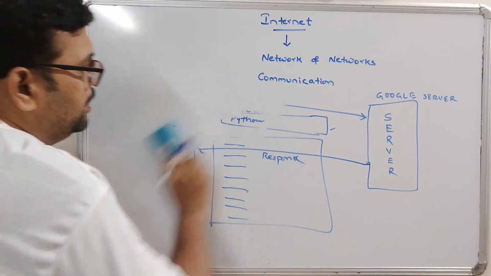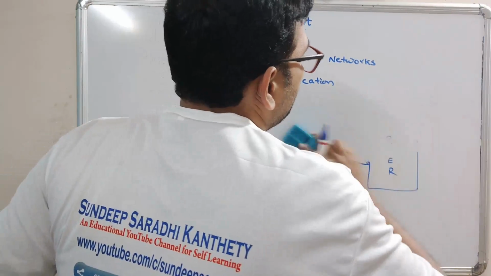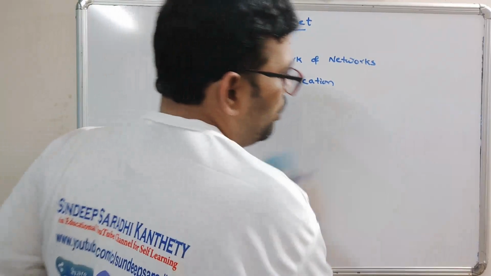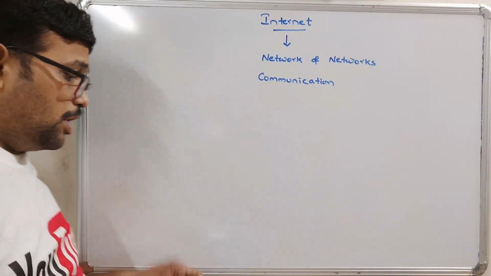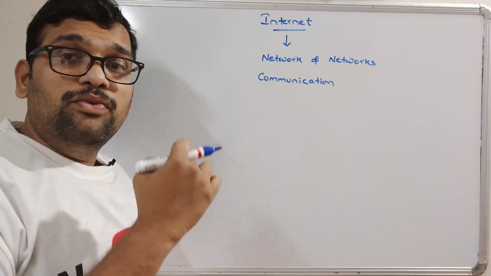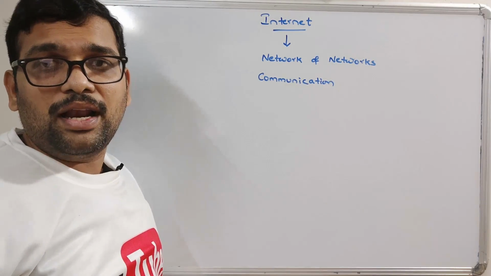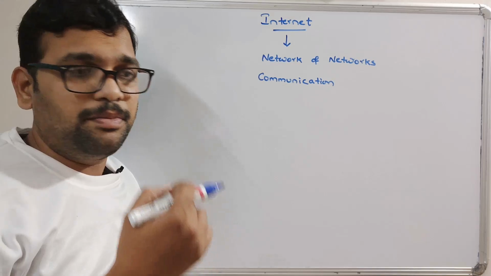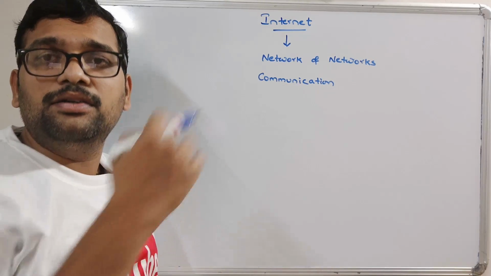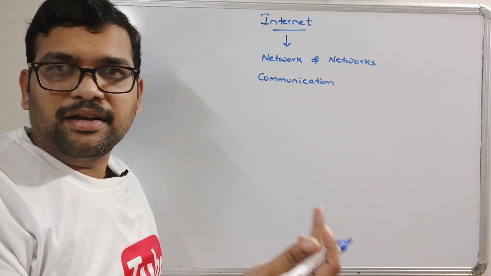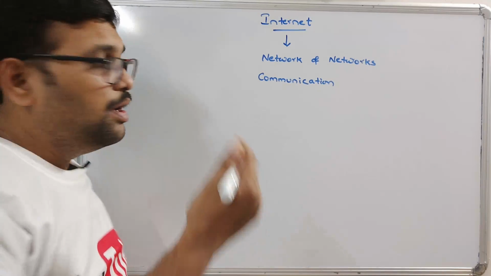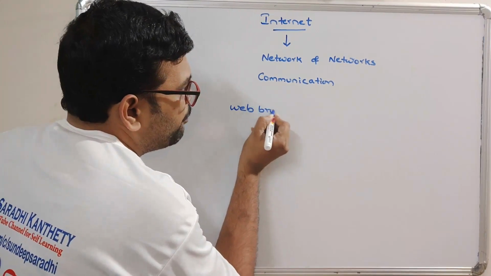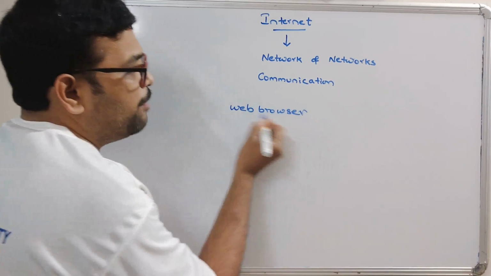And the next one is how to connect the internet. So sorry, before going to that, how we can send the request to the server. If you want to send a request related to the Python to the server, how can we send? For sending that, we require an application called a web browser.